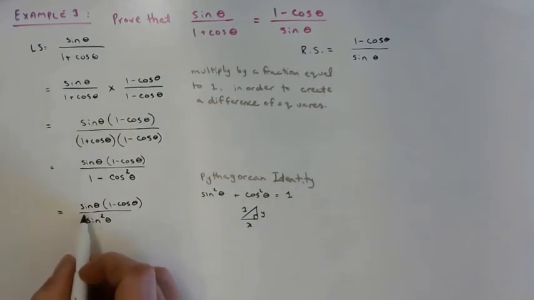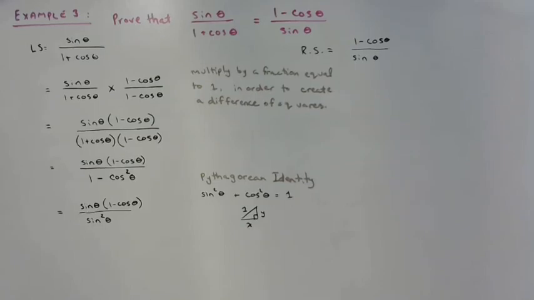Okay, now what do you see? I have one factor of sine theta here, and I have two factors of sine theta here. So they can cross out, which leaves in the numerator just 1 minus the cosine of theta, and in the denominator leaves one factor of the sine of theta.